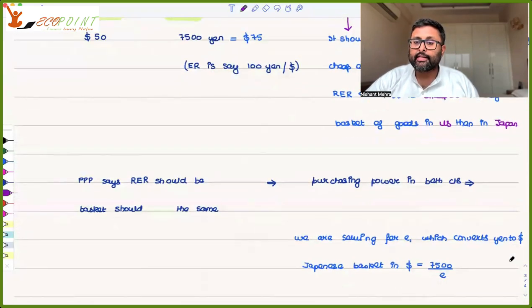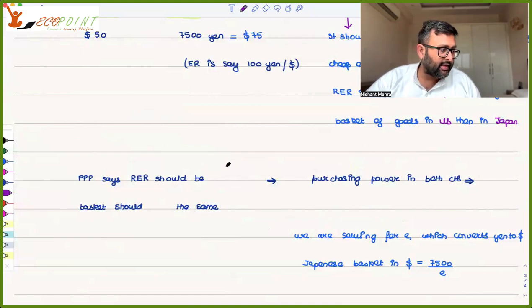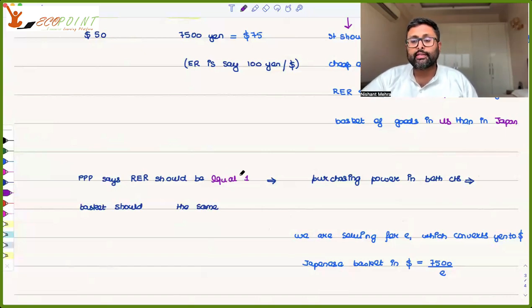Purchasing power parity says that the real exchange rate should be equal to 1. Why? Because if the real exchange rate is equal to 1, then it means that the price of goods, whether in my currency or in your currency, is the same. So the cost of the basket of goods is relatively the same whether I purchase in my country or in your country. Because real exchange rate is the price of domestic goods in dollars upon the price of foreign goods in dollars.